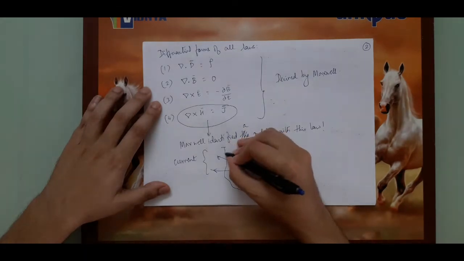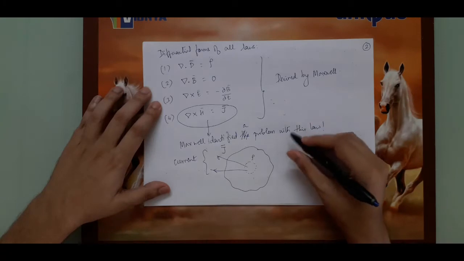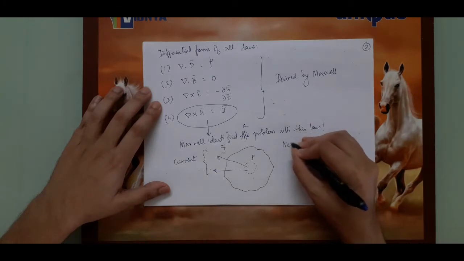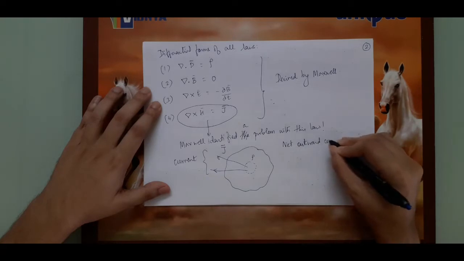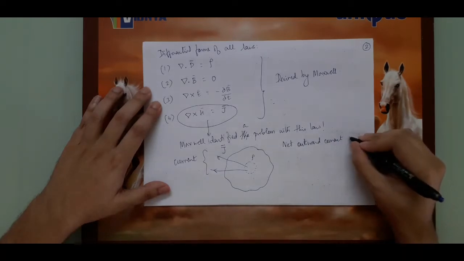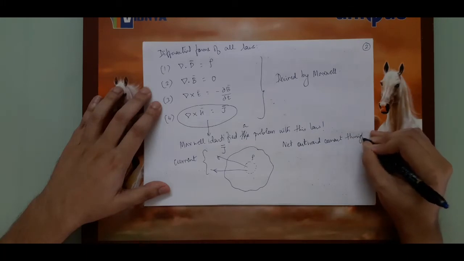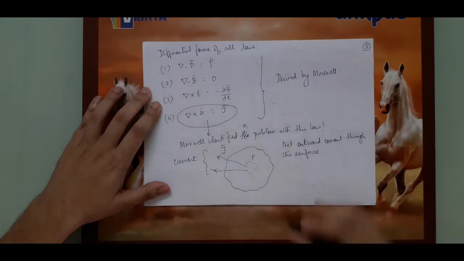Let us say that the current density is some J. Then the net outward current through the surface, I.